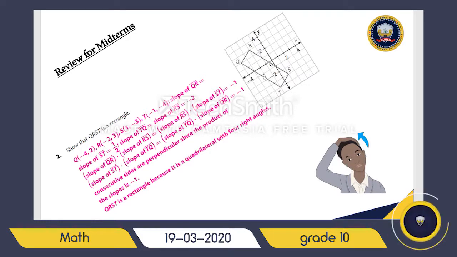I multiply TQ's slope, that is -2, by the slope of ST, that is 1/2. The product gives me -1. So this angle is 90 degrees, the other one is 90 degrees. QRST is a rectangle because it is a quadrilateral with 4 right angles.